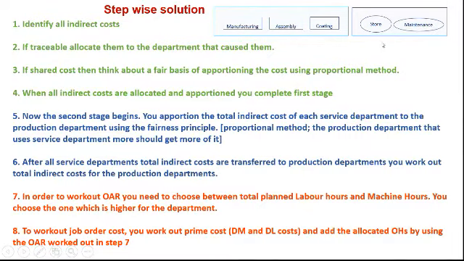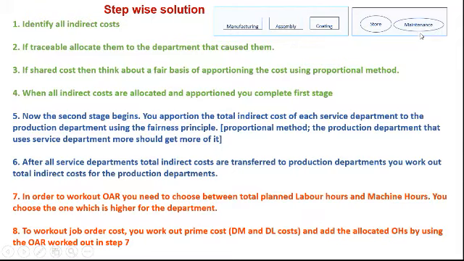In the second stage, you want to eliminate the costs from the service departments and transfer them to the production departments. Again, you have to think of some fairness basis: what is this department's relationship with these departments? The more these departments are using this service, the more should go there.